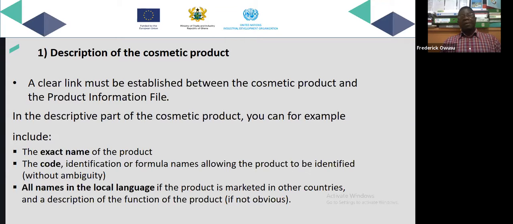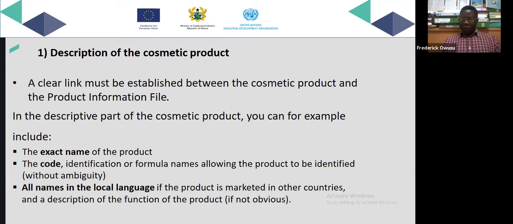A clear link must be established between the cosmetic product and the product information file. So if you call the product black soap, into brackets, alactasamine, that name should link to the information that we put on that file.